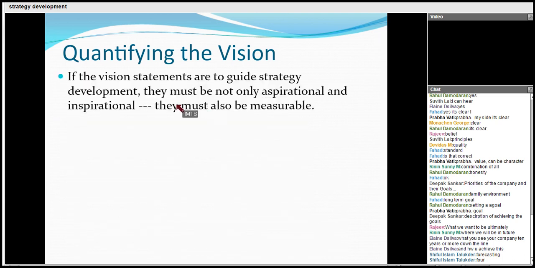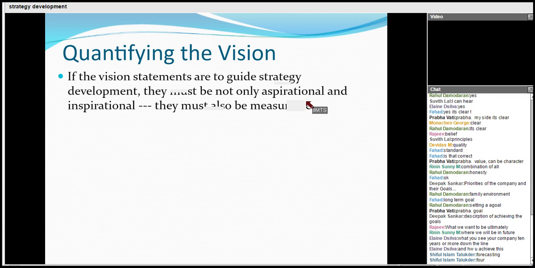If vision statements are to guide strategy development, remember that we want to develop a strategy for the organization and make long-term decisions for it. So the vision statement must be not only aspirational and inspirational, it must also be measurable, something measurable in 3 years, in 5 years, in a decade.